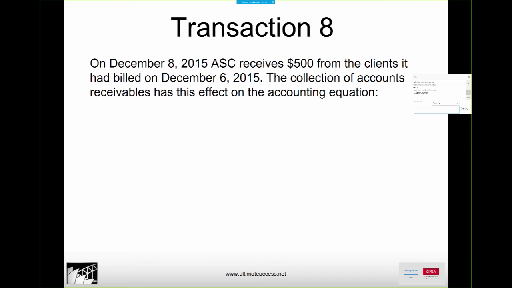What do you guys think? Cash credit, receivables debit. Now, Joel, you need to think about it.